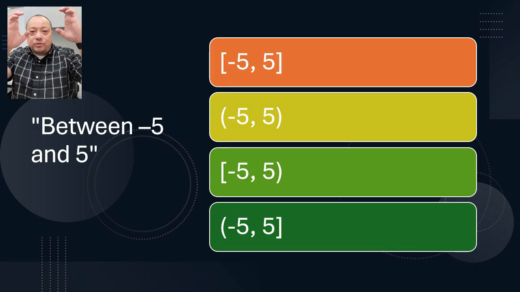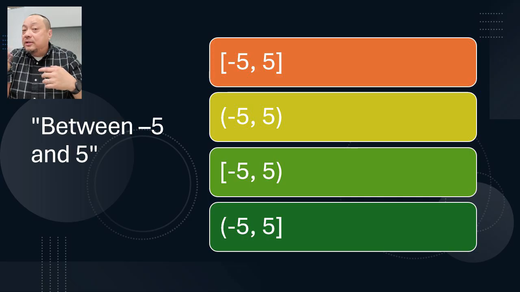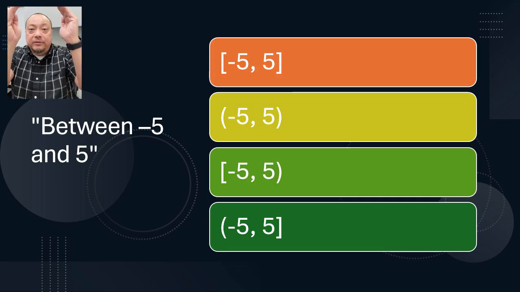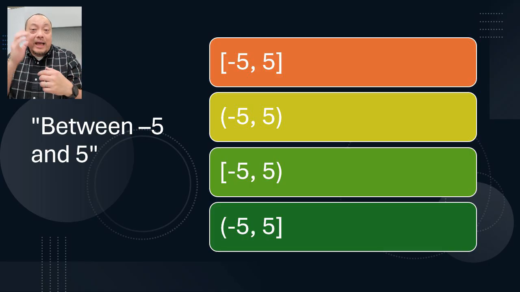You have the closed interval, where both endpoints, both the -5 and the +5, are included. That's an interval between -5 and 5. And then you have the open interval, -5 excluded, +5 excluded, only everything in between. That's also between -5 and 5. And then you have the half open, half closed type of intervals.